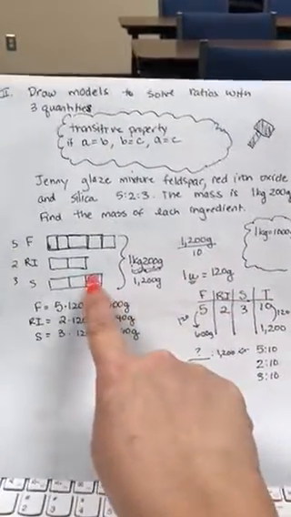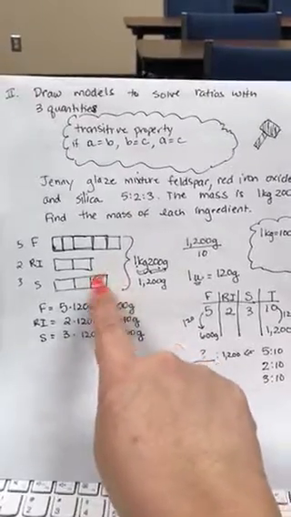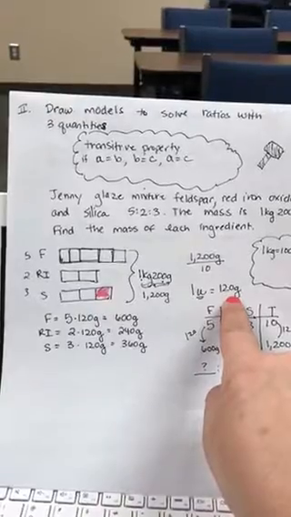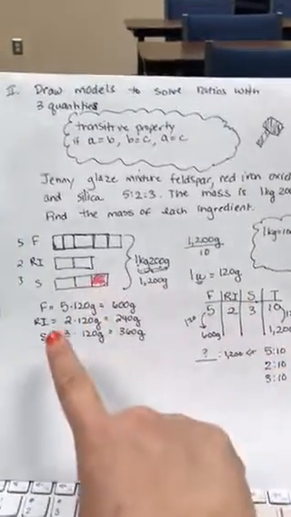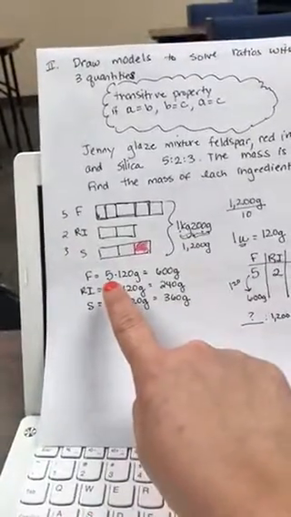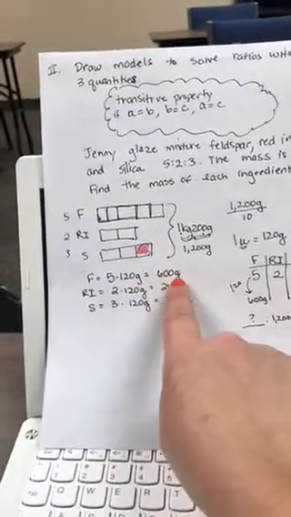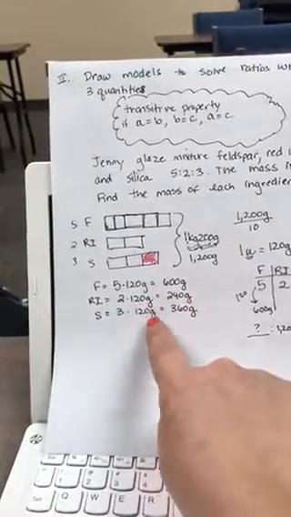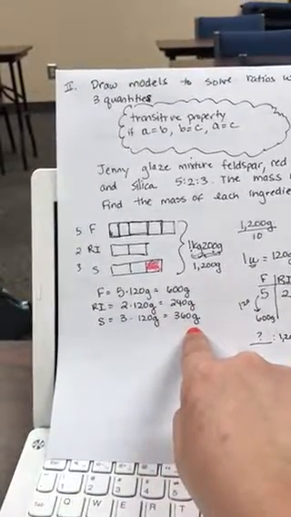So that's why this is colored red. So I'm finding out the value of 1 block, what that represents, and it's 120 grams. So solving is pretty easy because I know that 5 units are feldspar. So 5 times 120 is 600, 2 times 120 is 240, and 3 times 120 is 360.